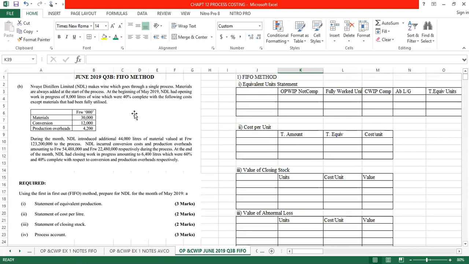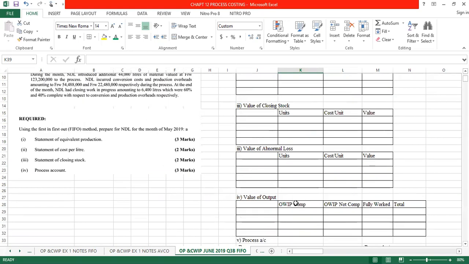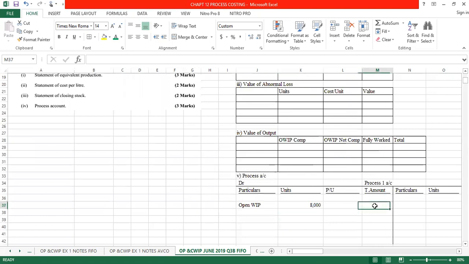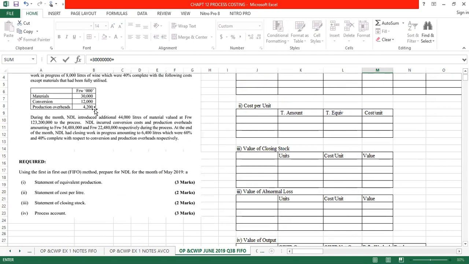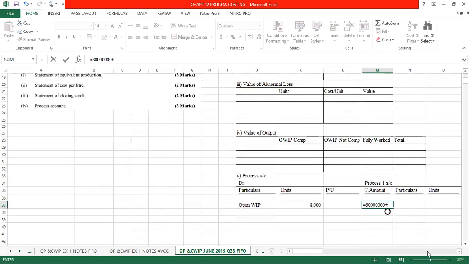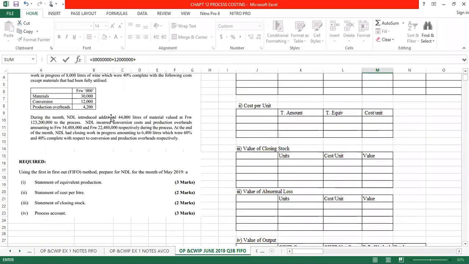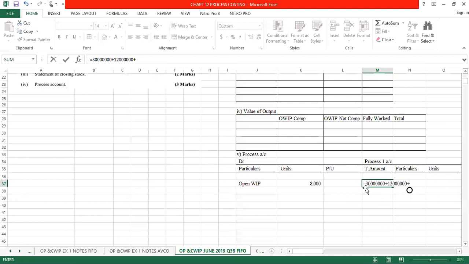How much is that? 30,000, remember we are working in thousands, you can see it there, plus 12,000, plus 4,200.